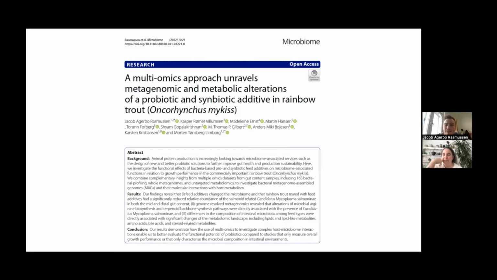So we try to basically unravel this black box and see how all these different data layers are affected when you add some kind of diet, and especially how the interplay between bacteria and rainbow trout in this case is affected.